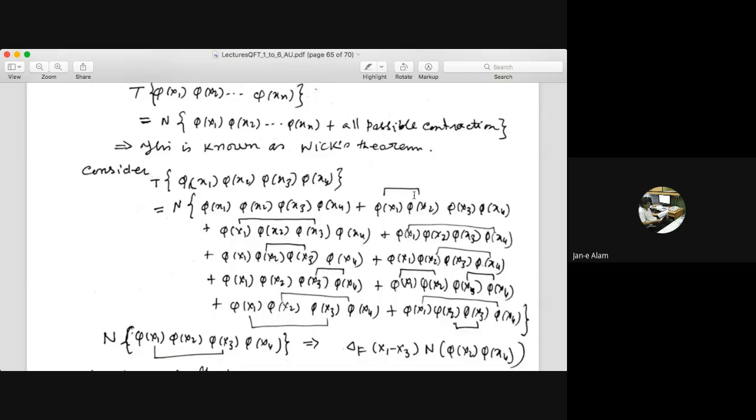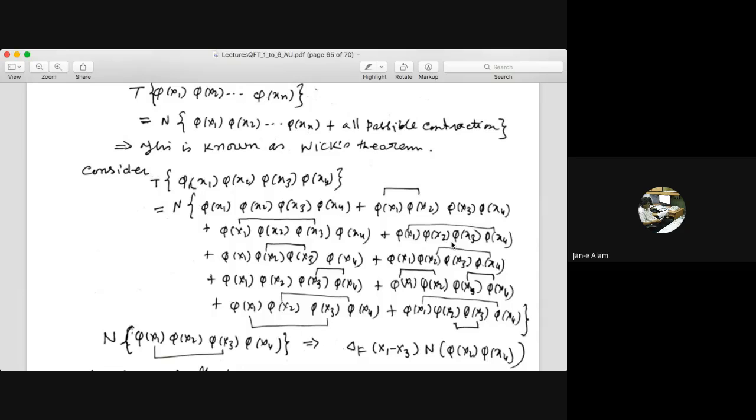These two are contracted, so this will give you a Feynman propagator, but these two are not contracted. If they are not contracted, they will have annihilation operators again, and when you normal order them, because you have to normal order, it will again give you 0. So anything which is uncontracted will give you 0.